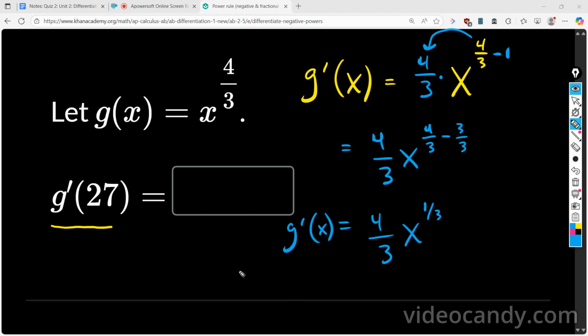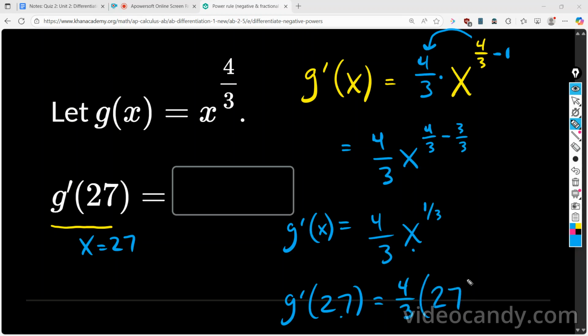If we were to find g prime of 27, that just gets subbed in place of x. But you have to do it in the g prime function, which is this one, not the original. So that's going to be 4/3, and in place of x, you plug in 27, so it's times 27 to the 1/3. 1/3 is the same as third root.